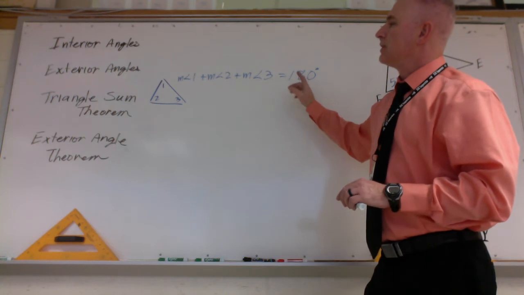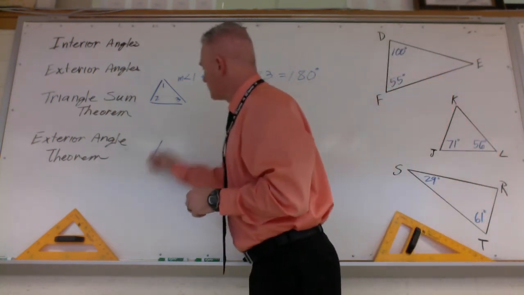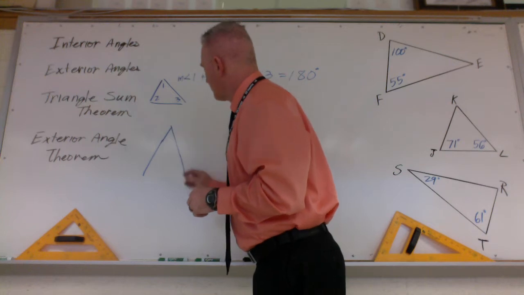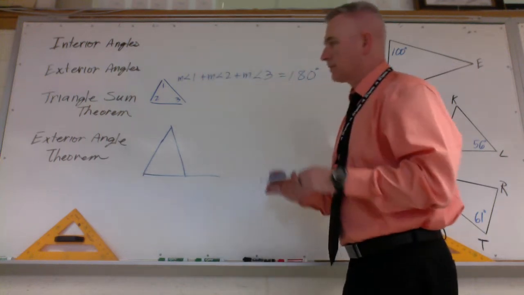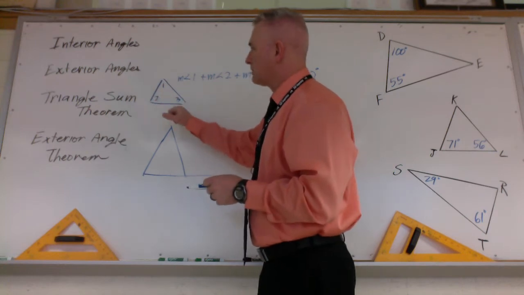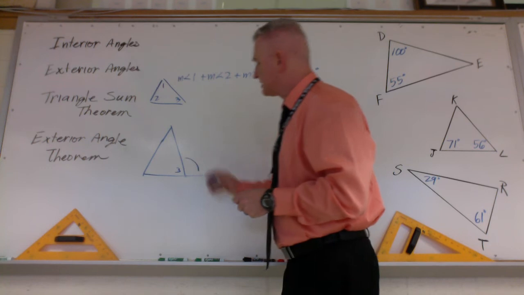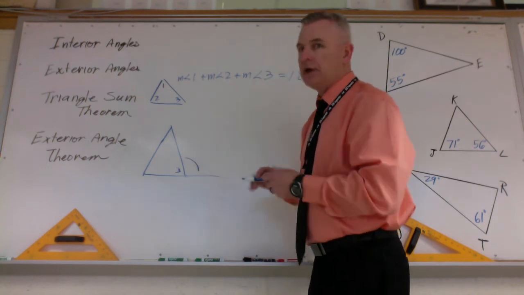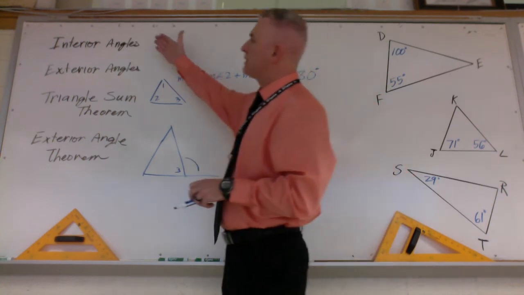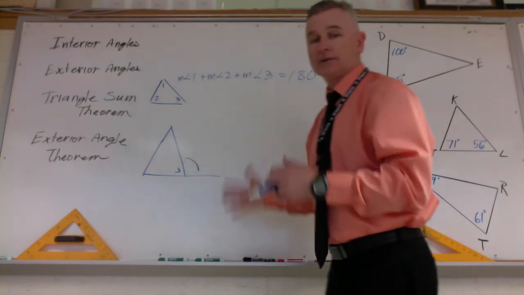The exterior angle theorem looks like this. It's a little more complicated, but what the exterior angle theorem says is that if these are interior angles, then this thing out here is an exterior angle. So we need to keep track of the difference between an interior or inside angle and an exterior or outside angle.